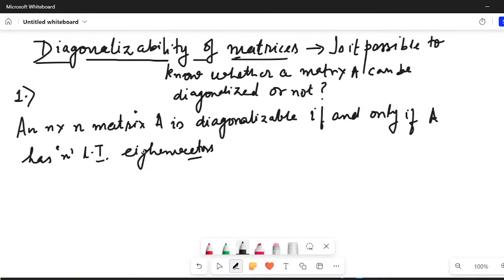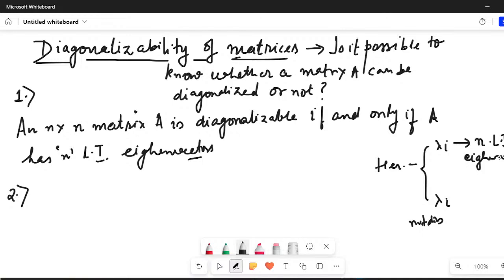If you remember, when we were doing Hermitian matrices, we found that whether the eigenvalues are distinct or not, we can always find a set of n linearly independent orthogonal eigenvectors.